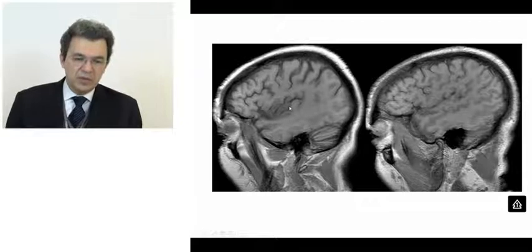Sylvian fissure is about here. So we'll be looking here at the V. And then above it, the inferior frontal sulcus. This now shows us the delineation of the inferior frontal gyrus, which would be the shape of an M. Behind the M, we have immediately the interrupted precentral sulcus, and then behind it, the central sulcus.